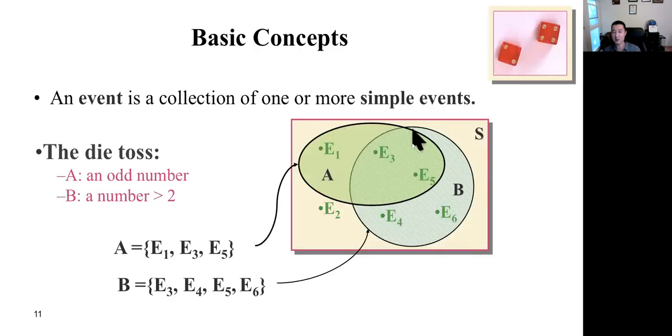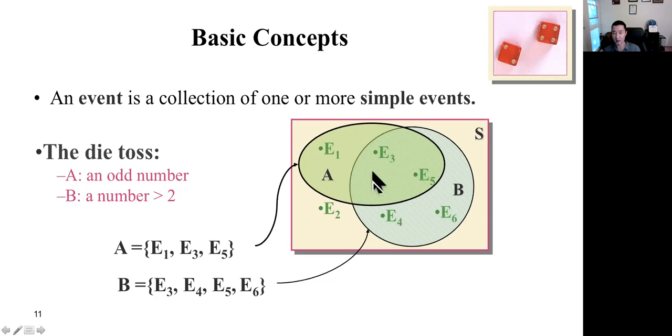Go back to that example. So A and B will be E3 and E5. This is the shaded area which includes both circle A and circle B. So this is the intersection of A and B, or we call that A and B. Inside it we have E3 and E5.